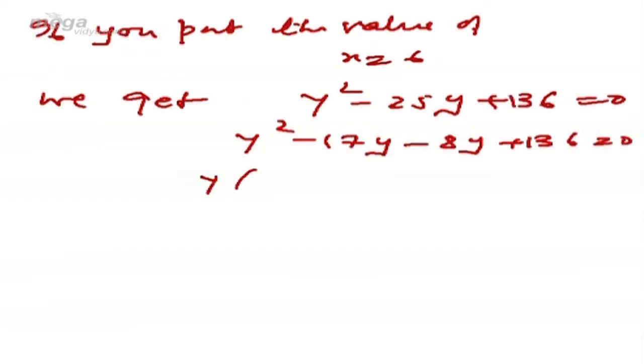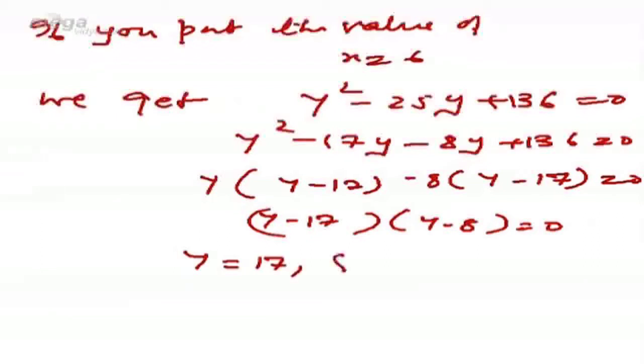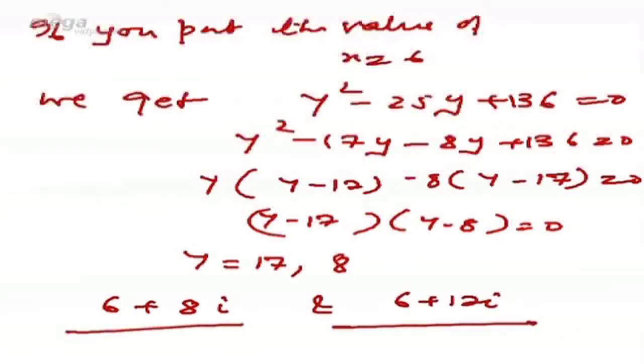So y into y minus 17 minus 8 into y minus 17 is equal to 0. Y minus 17 into y minus 8 is equal to 0. So you get the two values of y, that is y is equal to 17 and 8. So the complex numbers are 6 plus 8i and 6 plus 17i. This is the answer to the problem.